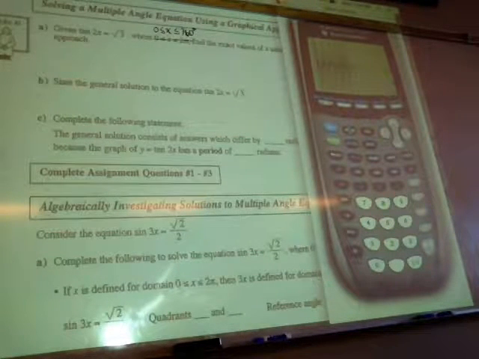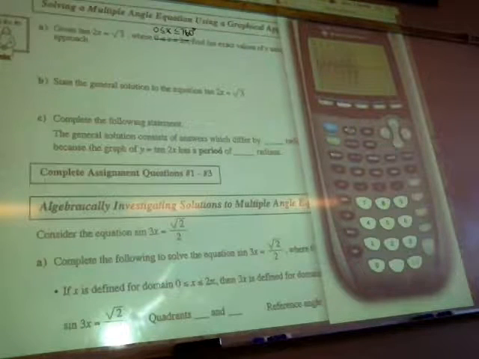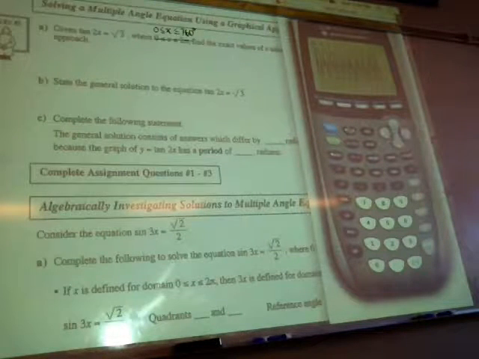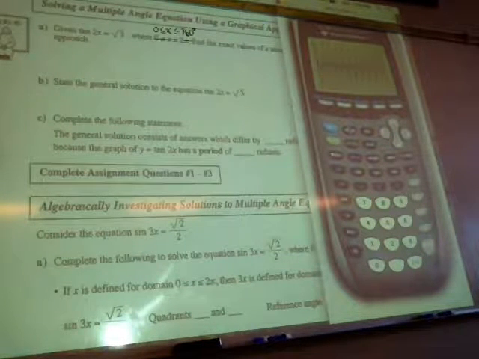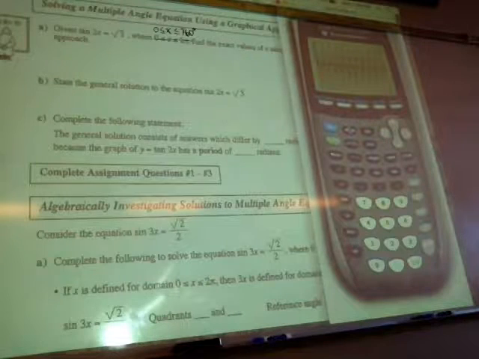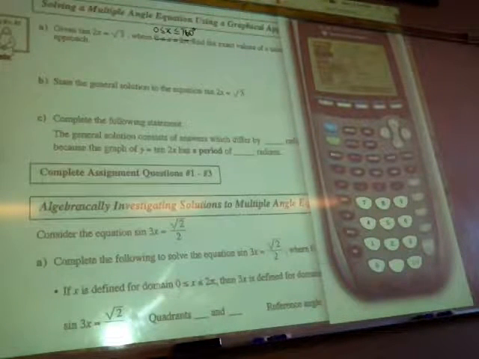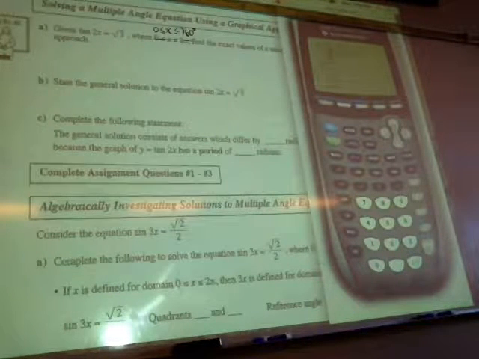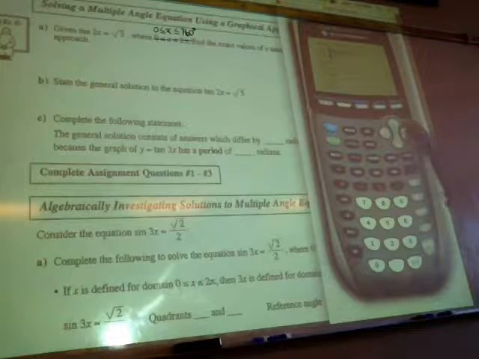I need to put it to degree mode. If you ever get a graph that looks something like this, hint, you're in the wrong mode. So degree, enter, and your y equals again, tan 2x, and your second graph will be the square root of 3.